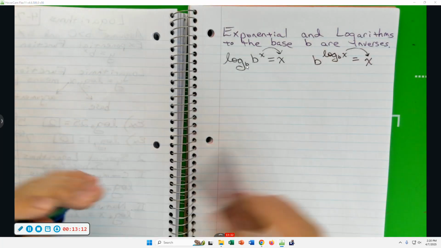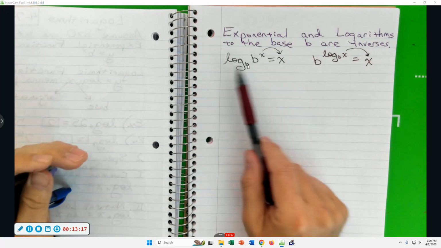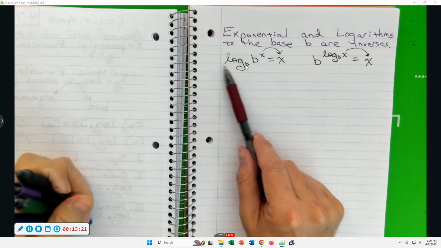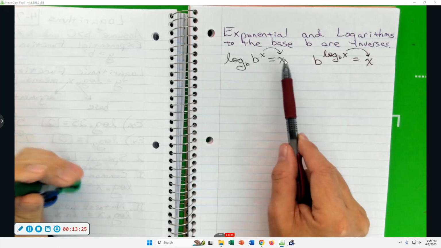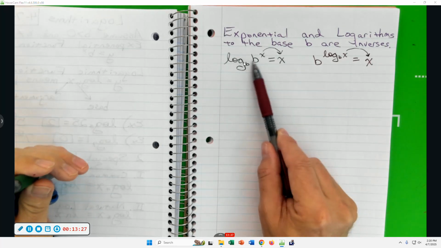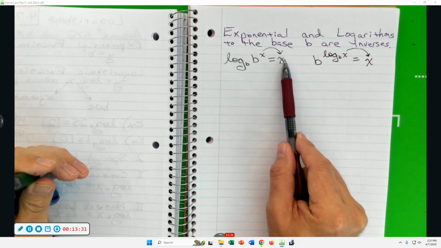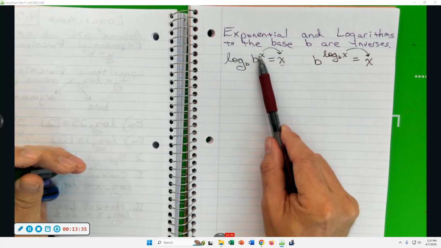So if you think of it this way, to see how they're inverses, I think it's easy to see if you look at this statement here. You're asking yourself, b to what power gives you b to the x? The only thing that you could have here. b to what power gives you b to the x?